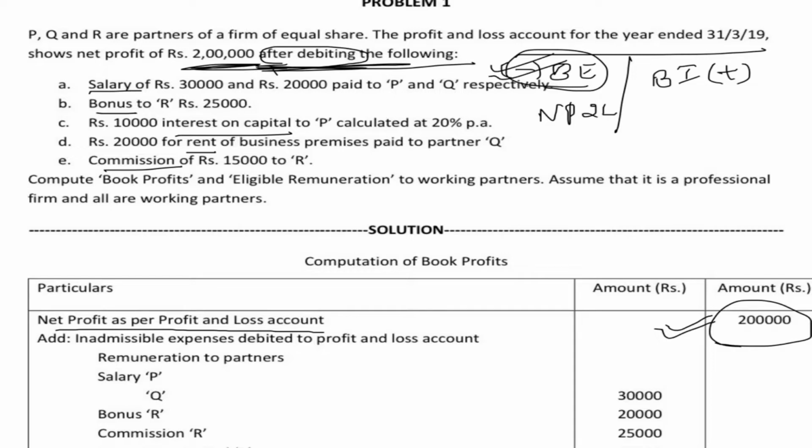Now let's look into them in detail. Point number 1, salary of rupees 30,000 and 20,000 paid to P and Q respectively.